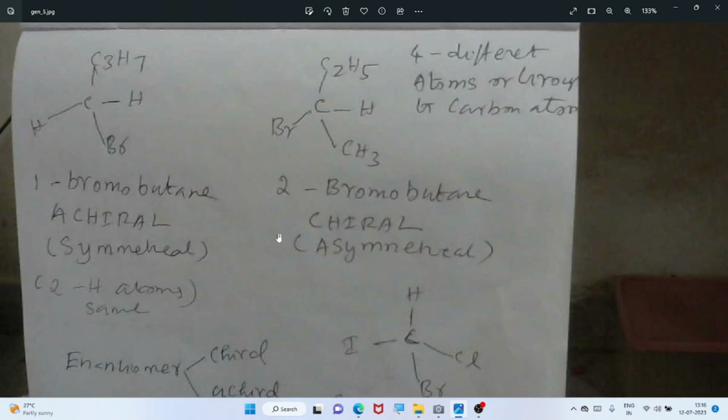Here we have 2-bromobutane, where the carbon atom is connected to 4 different atoms or groups, so it is called chiral. In 1-bromobutane, there are 2 hydrogen atoms, which are the same atoms. So this is symmetrical, and this is asymmetrical; this is the chiral and achiral element.